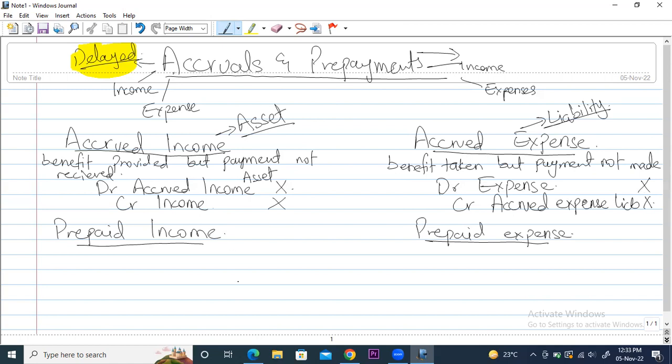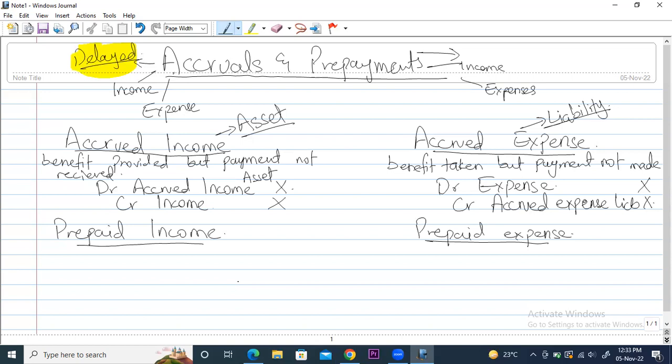Now let's talk about prepaid income. Prepaid means anything that happened beforehand, right? So prepaid income basically means any income you have received beforehand. Let me tell you one thing.